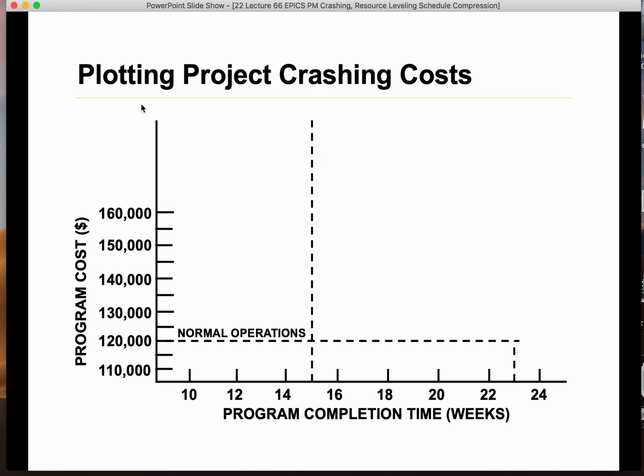So if you want to put the program cost here and program completion time, okay, and here's the normal operations. If you want to start with crashing A, you'll crash 2 weeks and you will only spend this much money. And then which one do you want to do second?